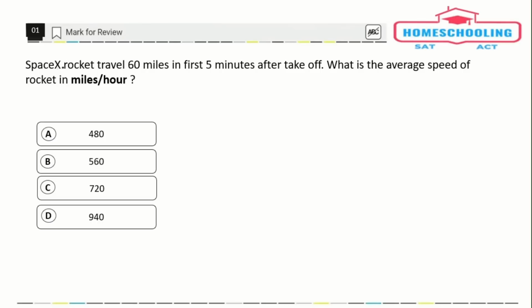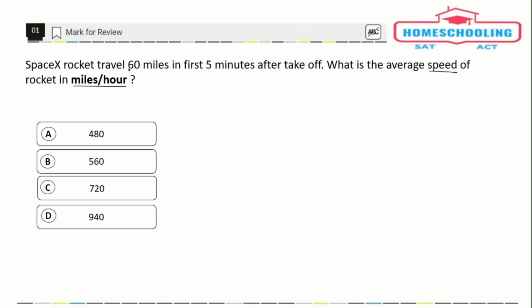Question number 1 says that a SpaceX rocket travels 60 miles in the first 5 minutes after takeoff. What is the average speed of the rocket in miles per hour? So we have to remember, we have to find speed in miles per hour. Let's write the data given in the question.